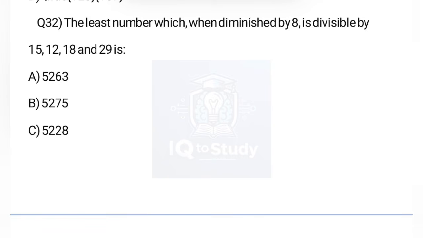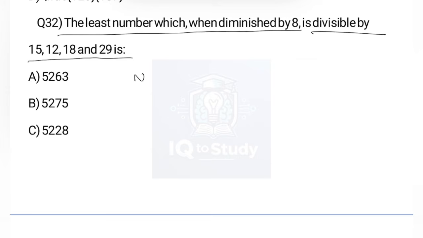The least number which when diminished by 8 is divisible by 15, 12, 18 and 29 is, it means number minus 8 is completely divisible by 15, 12, 18 and 29.